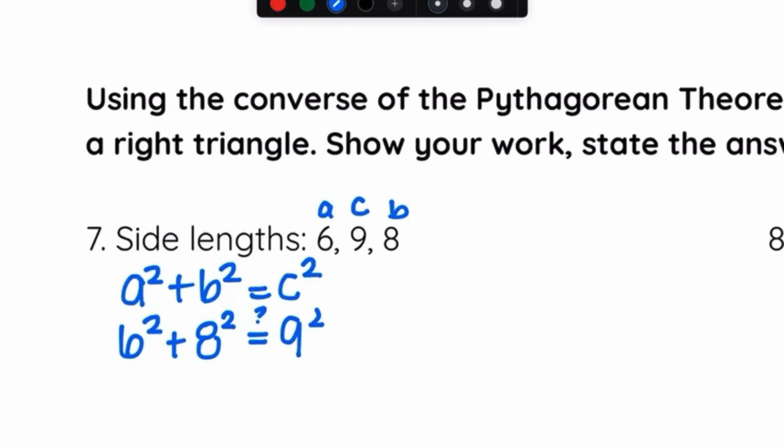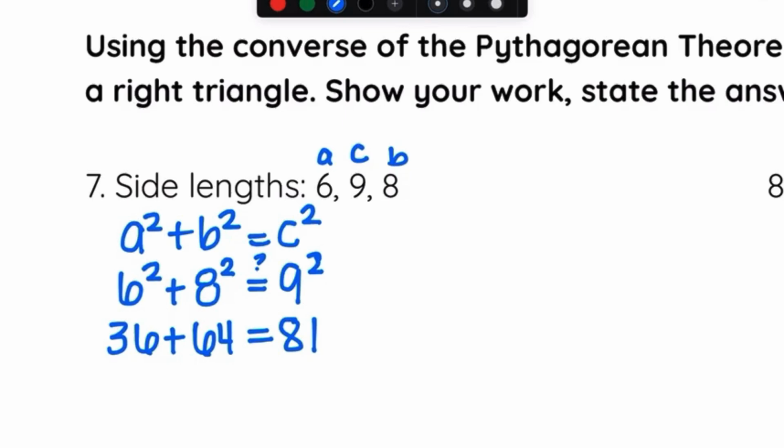Well, 6 times 6 is 36, plus 8 times 8 is 64. And I'm saying, is that equal to 9 times 9, which is 81? And so 36 plus 64 make 100, and I have this 81, and those are not equal.